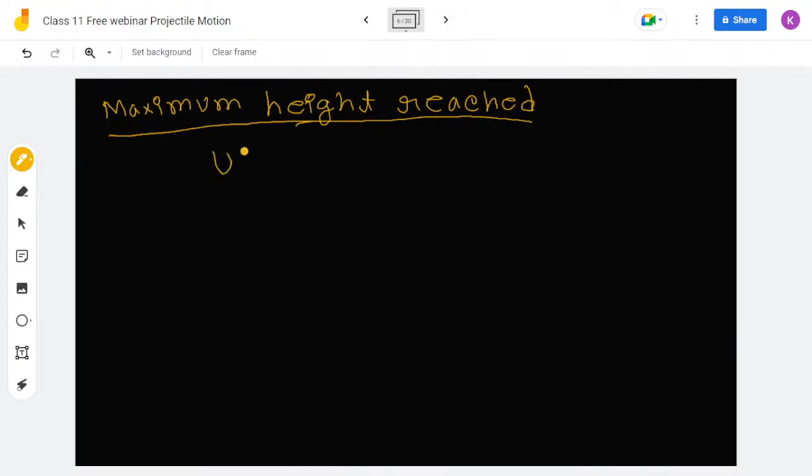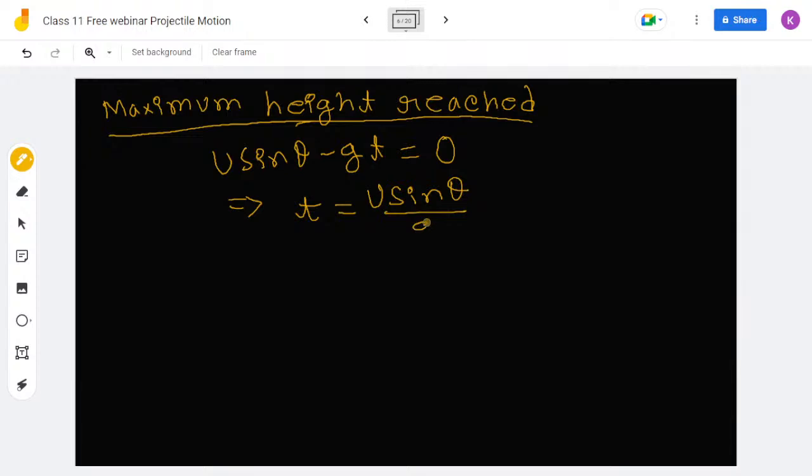So u sin theta minus gt equal to 0, that becomes t equal to u sin theta by g. So let's take this equation as equation number 5.